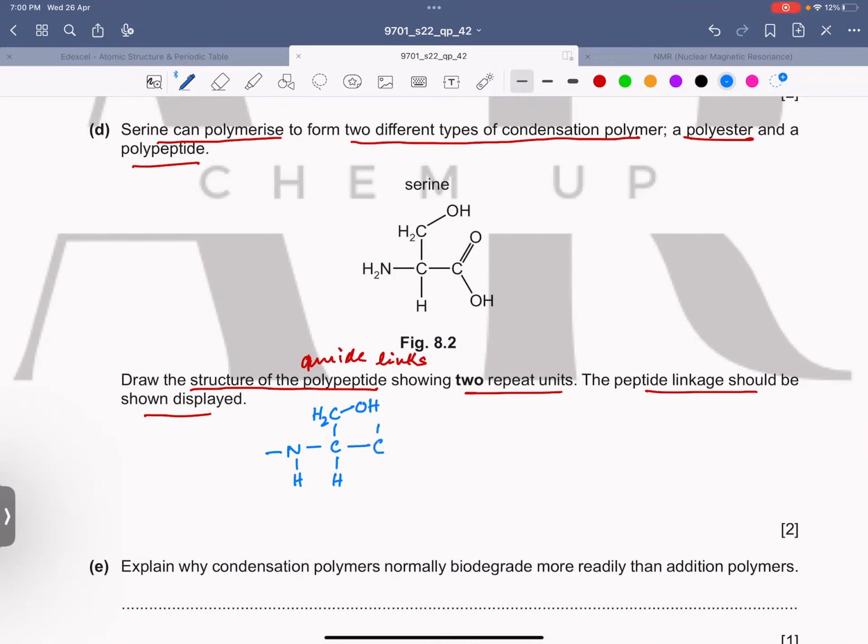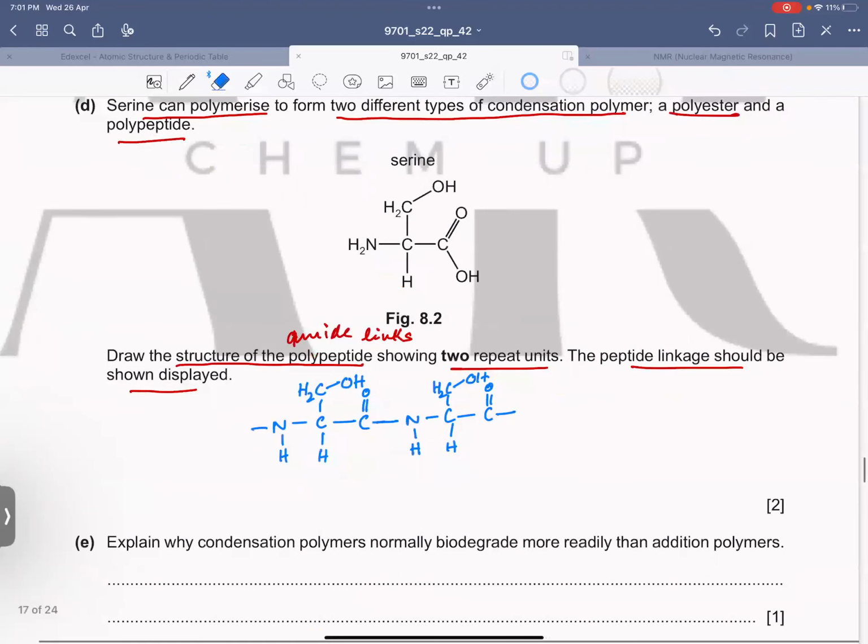Then from the carboxylic acid, the OH is released, and this carbon is going to bond with the nitrogen of the next monomer. And we would repeat the same structure because there is only one monomer. So it is this way that we show the two repeat units. This is one repeat unit and this one is the other repeat unit. Is this understandable to everyone?